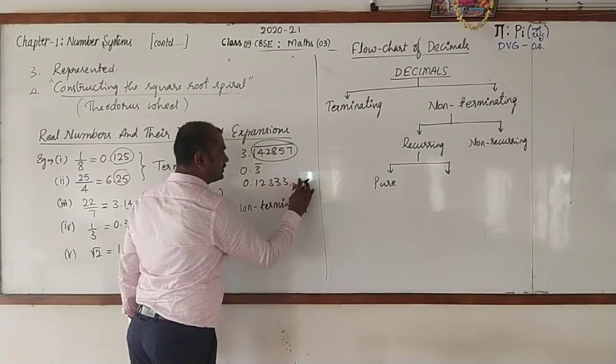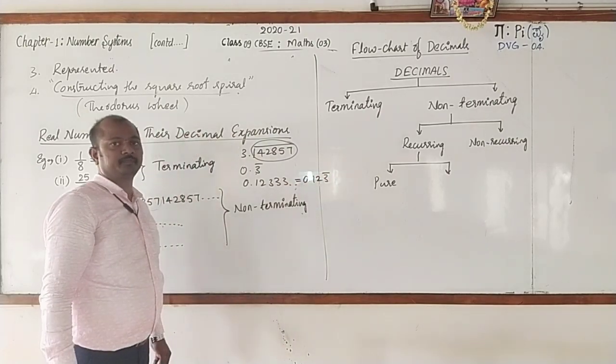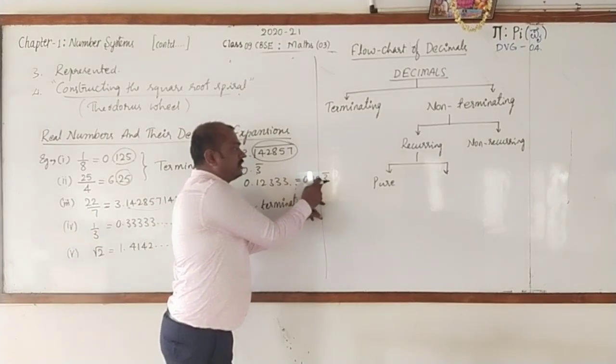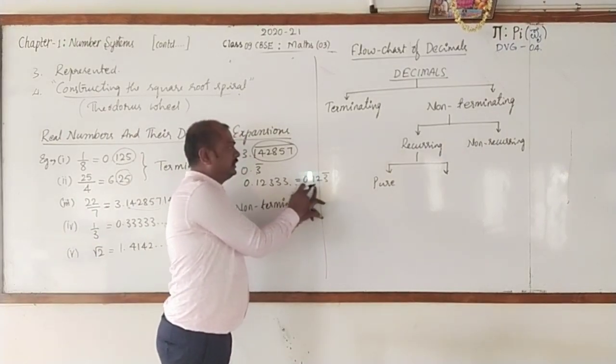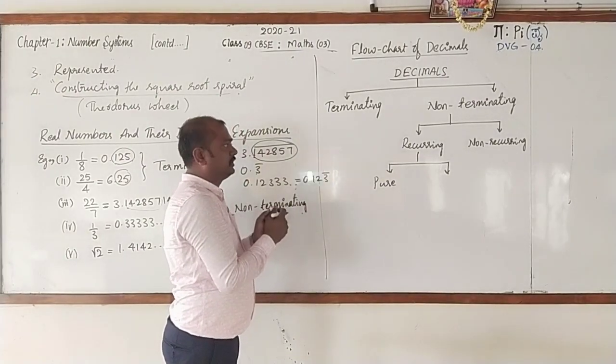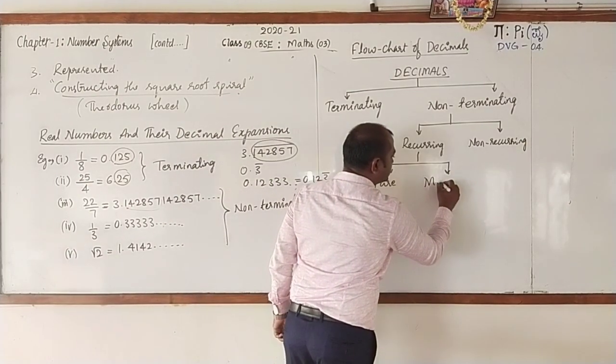This can be written as 0.123 with a bar on the 3. Now, here the repeating block has not started from the first place. It may start after 1 or after 2, after 3 places. Such decimal expansions are known as mixed recurring.